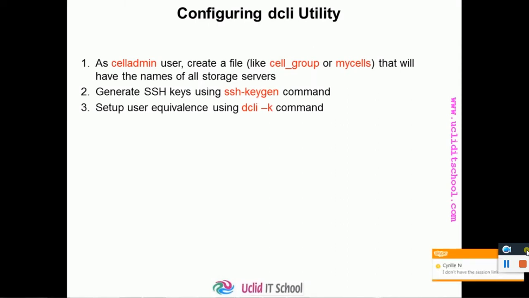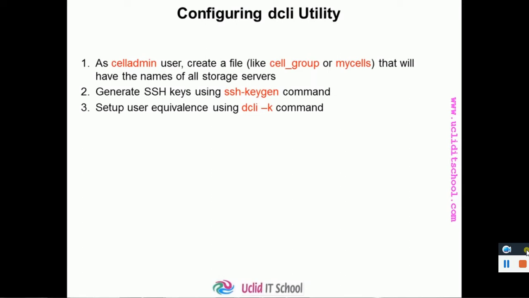Then you need to generate SSH keys using celladmin. ssh-keygen is the command. This is the same as what you do in a standard RAC configuration to configure SSH. Then the third step is you establish user equivalence using the dcli -k command.